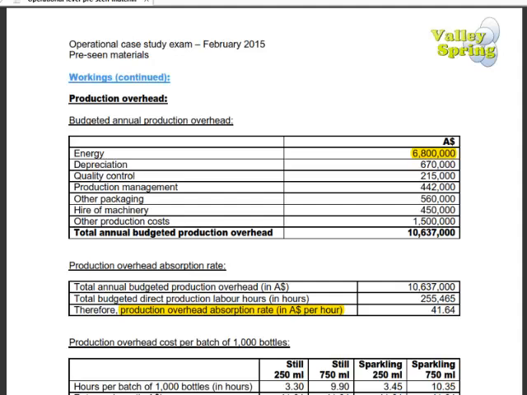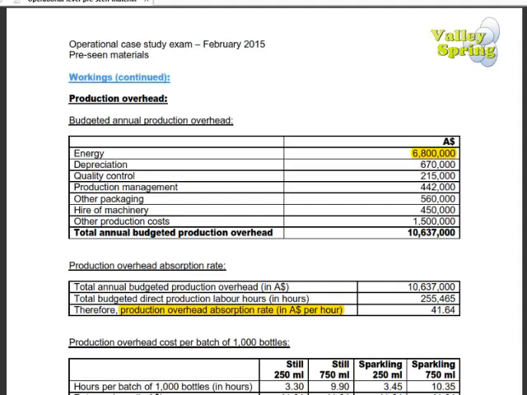So one of the things that may happen is that somebody could come along and give us some information about these particular overhead activities: energy, depreciation, quality control. And let's say we were given a series of information about each of these. The next thing to do would be to say, well, let's recast this budget.